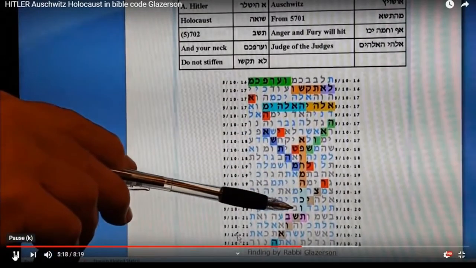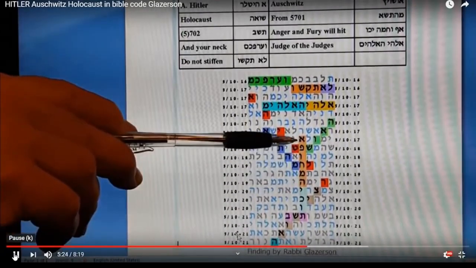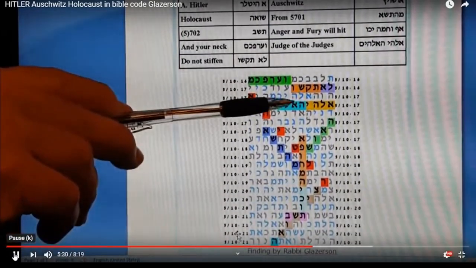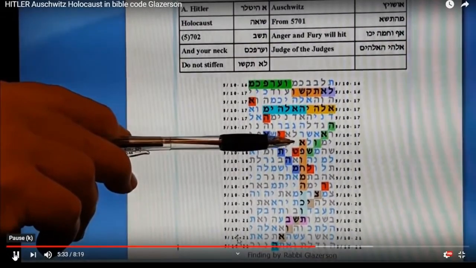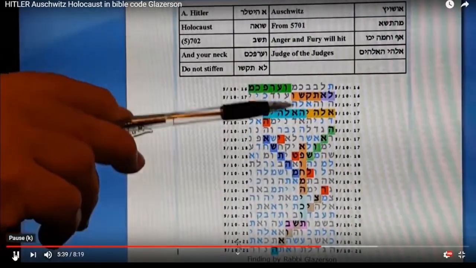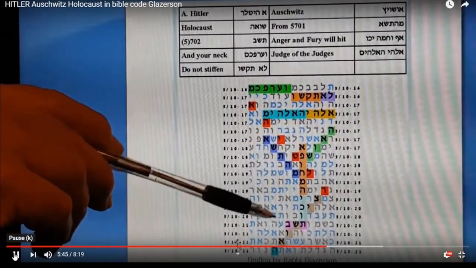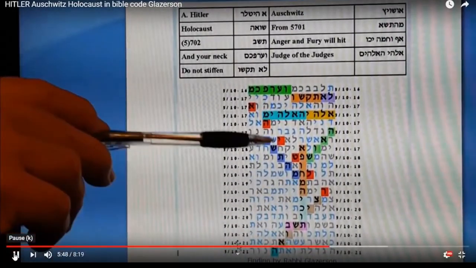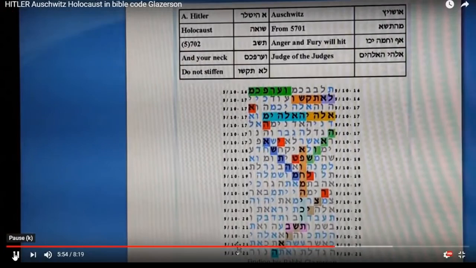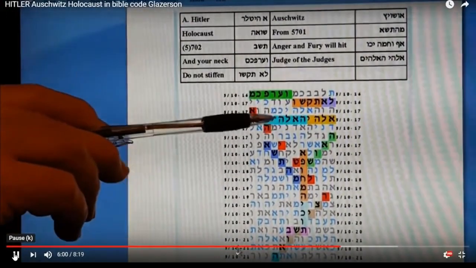So amazingly, all over the troubles of Jews in the Torah, you will see this expression, Af v'chemah, wrath and anger. Amazingly, that comes here because of the Holocaust, in which quite clearly we saw the strong anger and wrath of God. This phenomenon that suddenly new things come out really doesn't happen in other places at all. So again, you have Auschwitz here, and definitely the year when it started, the Holocaust, and also the verses which clearly say that being stiff-necked, not listening to God, can bring very, very harsh punishment on Jews.